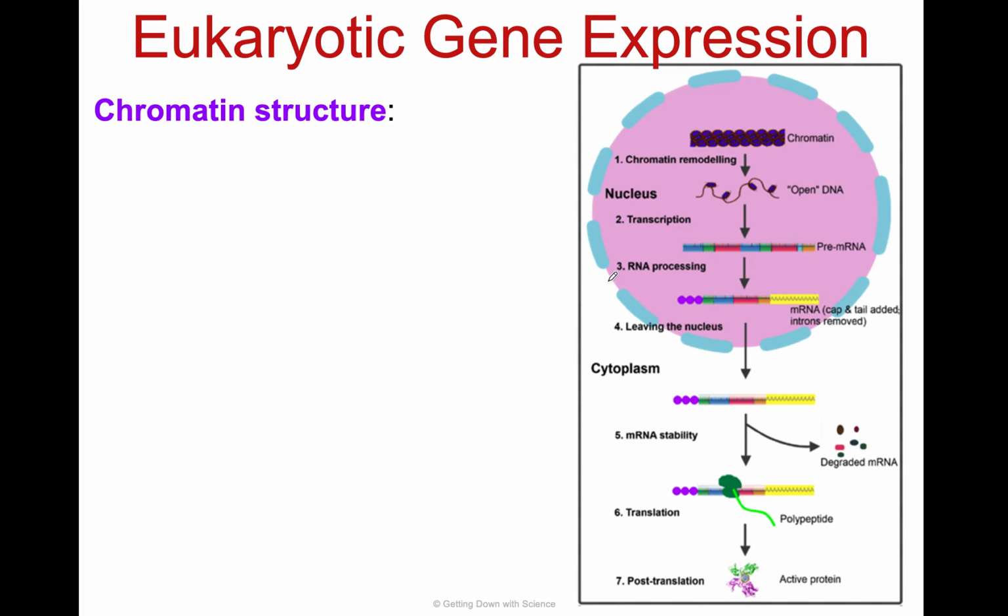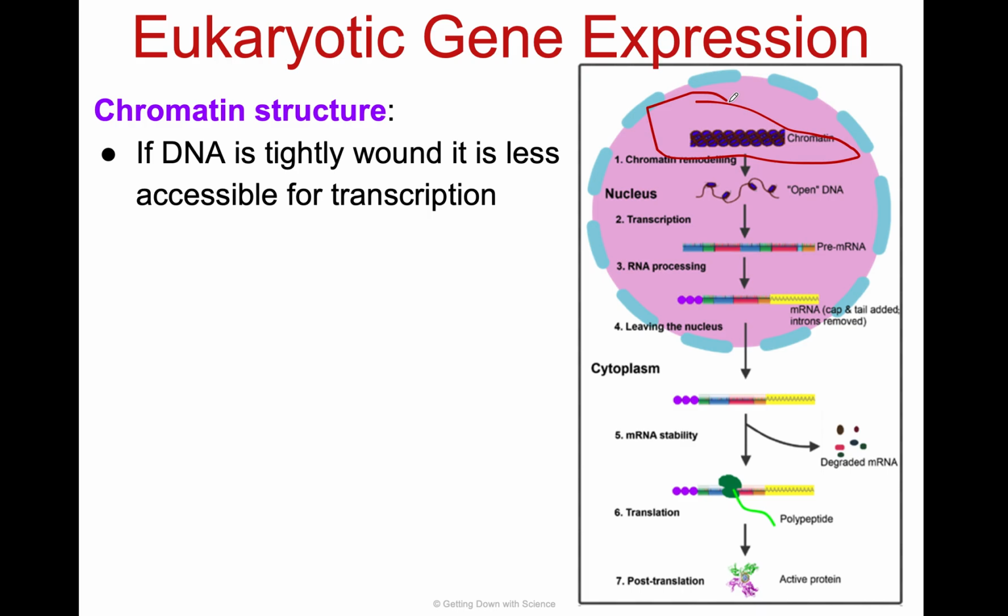First is chromatin structure. So you can see chromatin all the way up here. That's kind of the first step of it all. So we could have DNA that's more tightly wound, so it's less accessible for transcription. Before we get into this, you all know that every cell in your body has the exact same DNA.